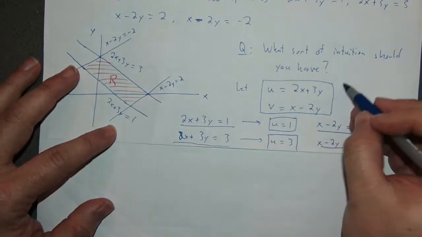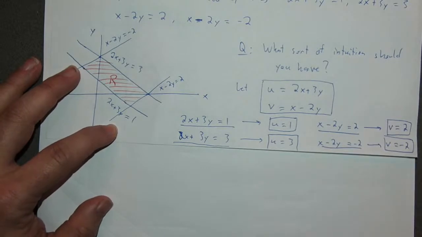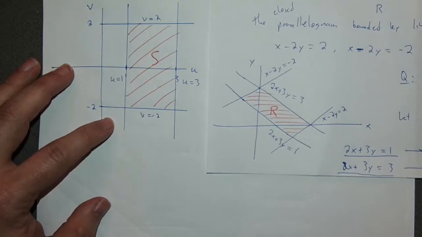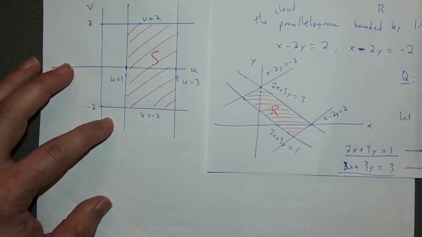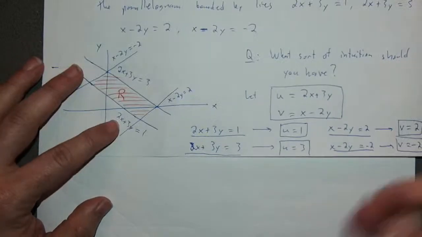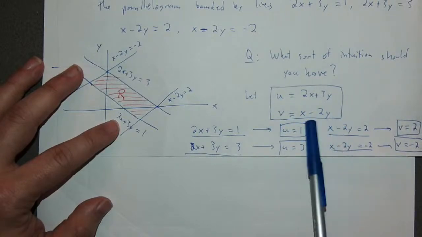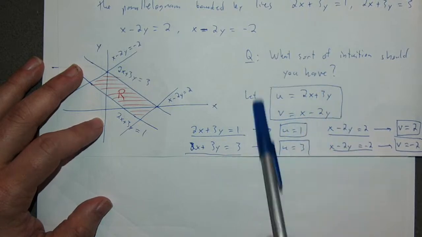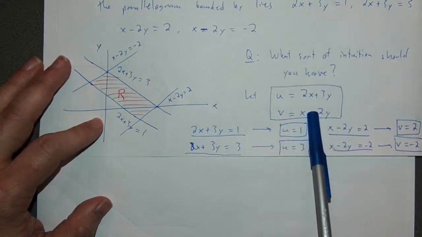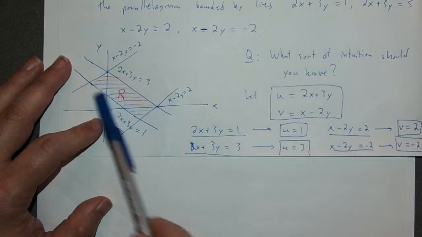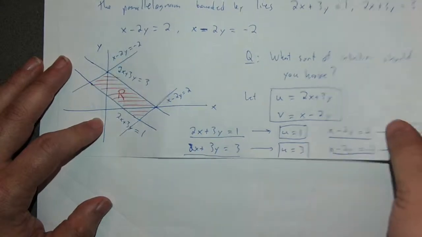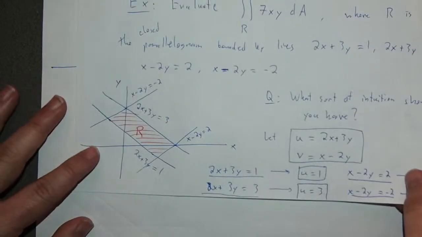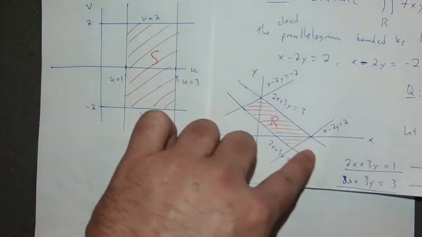I'm tempted to call this T, but what's the problem with this transformation versus the transformation that we've done previously? Well, we have written U and V in terms of X and Y each. So this transformation that we've boxed here takes in X and Y, and spits out U and V. So it doesn't map from the UV plane to the XY plane.